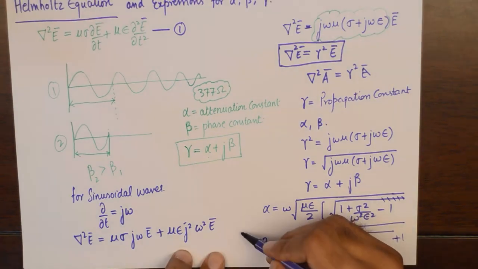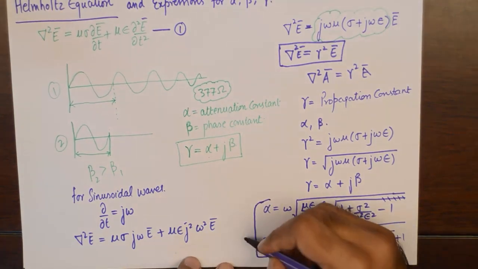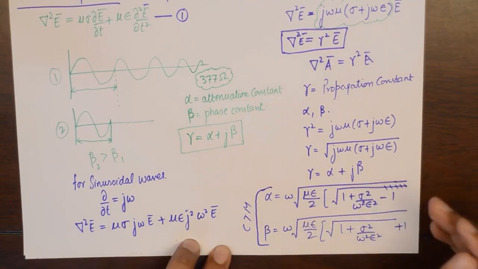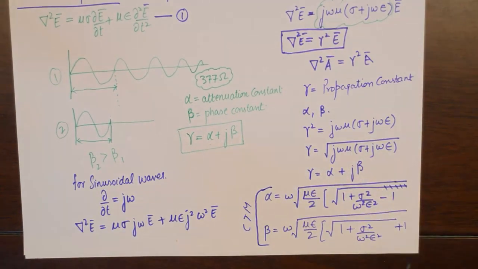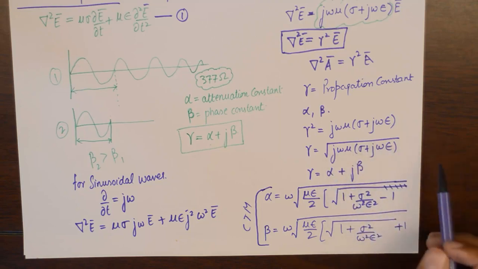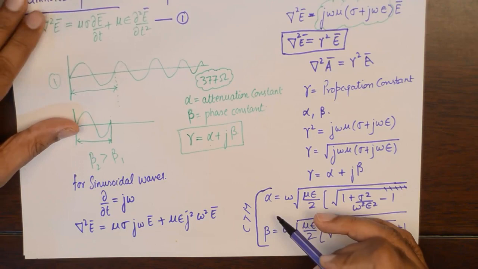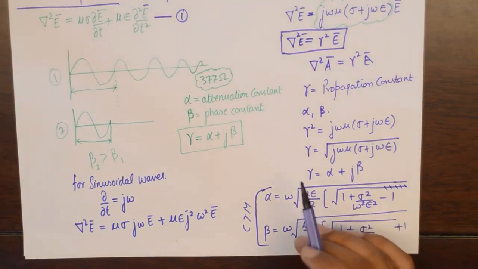Now I would say you could commit these values to memory, because there's no use extracting these values and separating the real and imaginary parts from this cumbersome term, but we can commit these two things to memory.